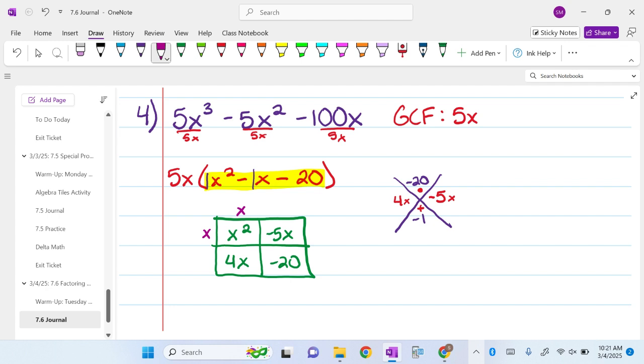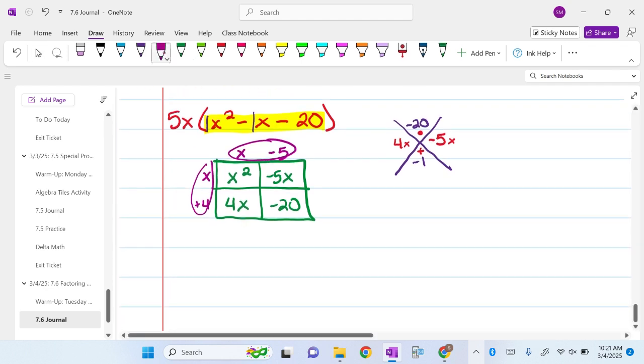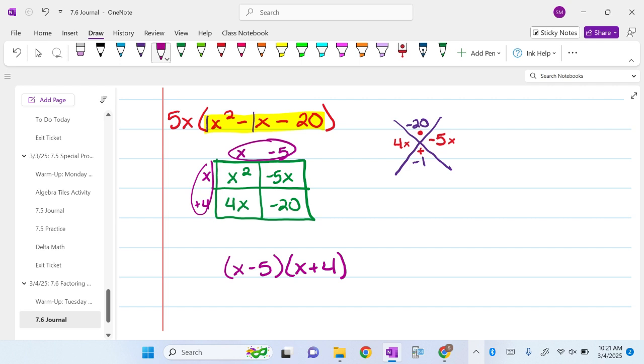If you have just flat out x squared in the top left corner, you can always start with x times x. So, x times what gives you negative 5x? Negative 5. x times what gives you 4x? 4. So these are my 2 factors. So I have x minus 5 times x plus 4. And then what am I missing for my final answer? The 5x.